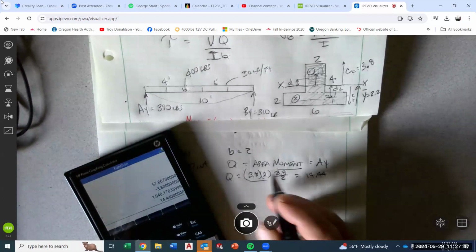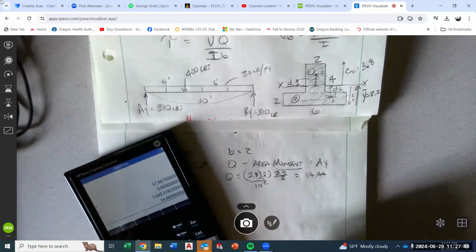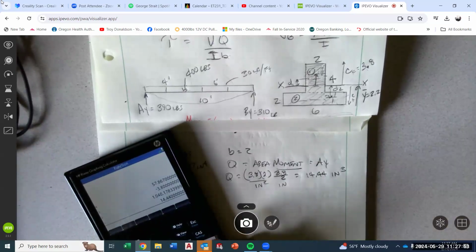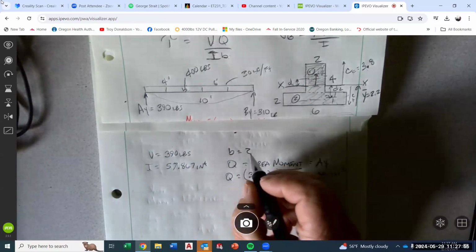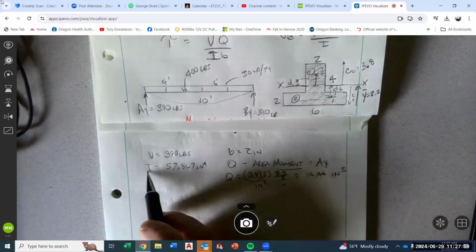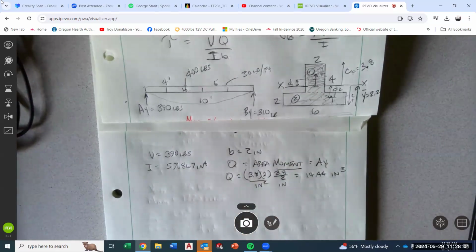Now, area is inches squared and lever arm is inches, so this is inches to the third, right? Base is inches, V is pounds, and I is inches to the fourth.